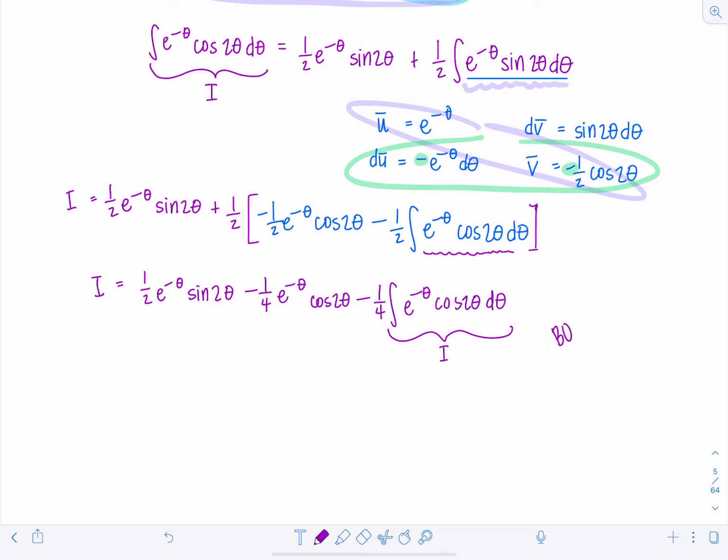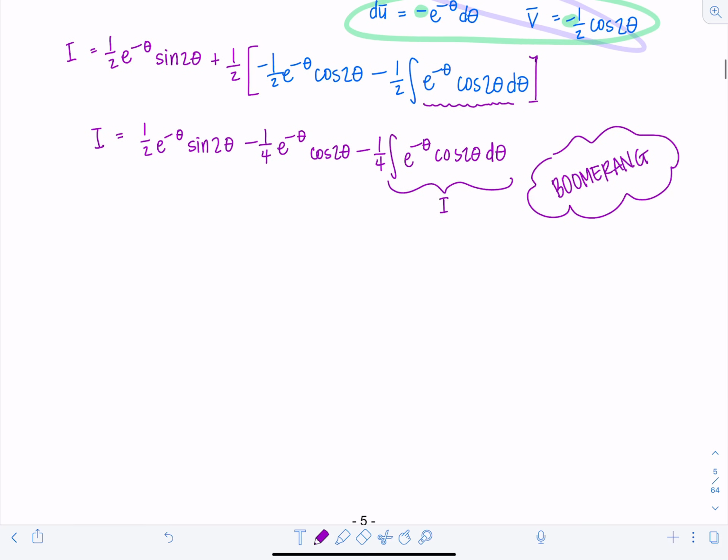So this is where the boomerang happens. The original integral comes back, pops back out, and you're going to solve for it the way you would just solve for any variable algebraically. Meaning I'm going to isolate it, so I'm going to put all of the I's on the same side of the equation.